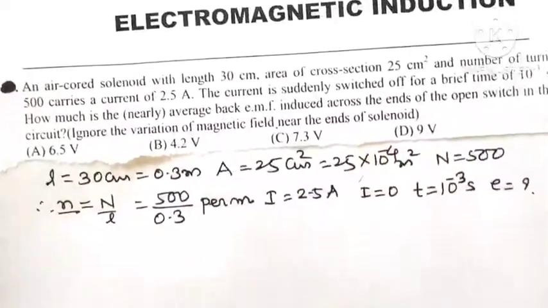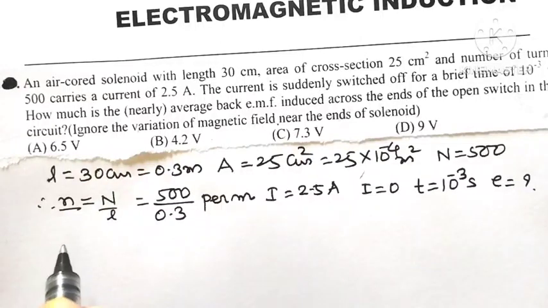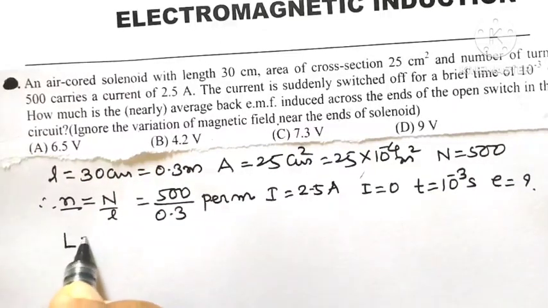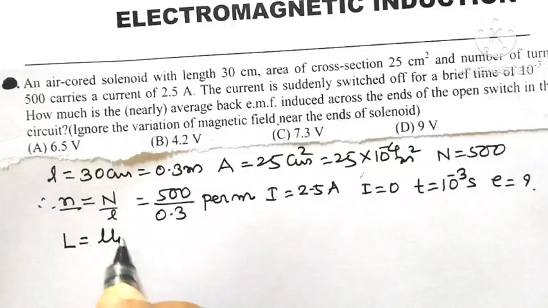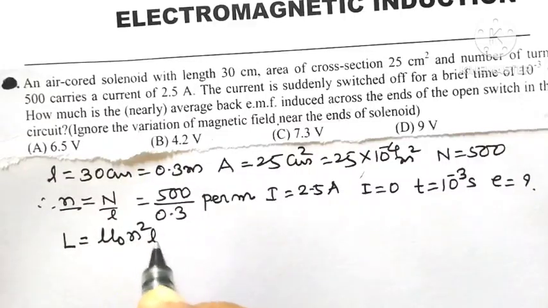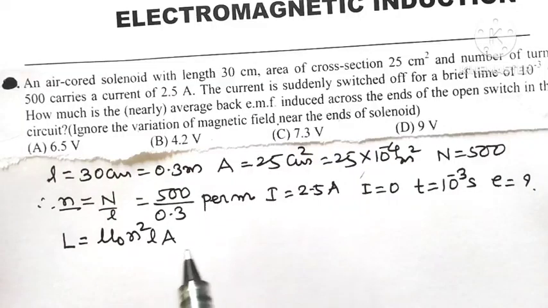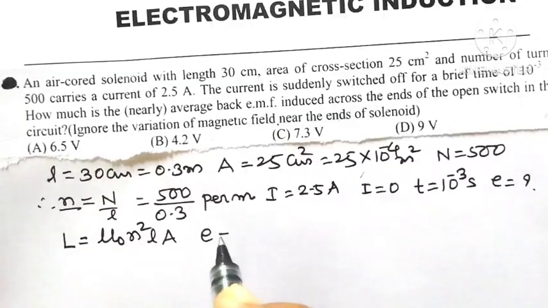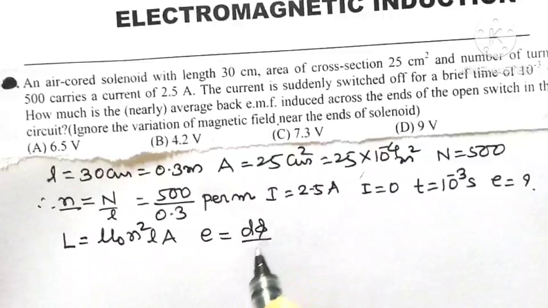Now remember that the self-inductance of a solenoid is given by L is equal to mu 0 n square l into A. Also we know that EMF induced E is equal to d phi by dt.